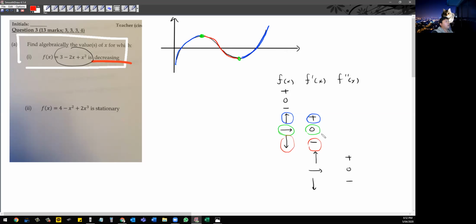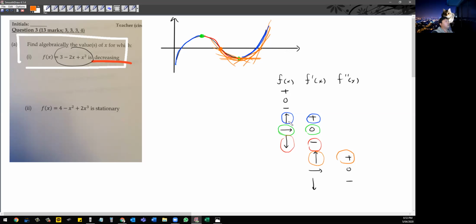Now let's have a look at the first derivative increasing. Let's do that with orange color. The first derivative, so the gradient, is increasing from here onward. You see that? Because the gradient is negative, but then becomes less negative, less negative, and 0, and then positive, even more positive, even greater positive.